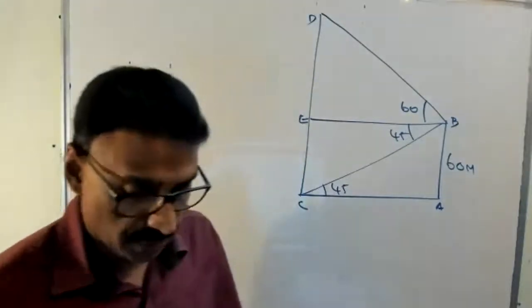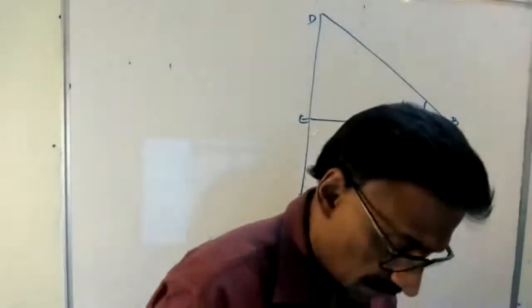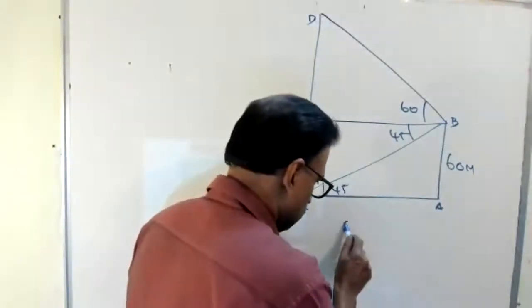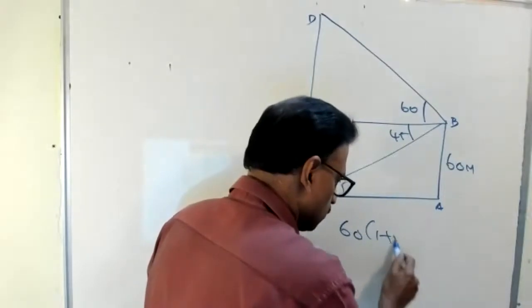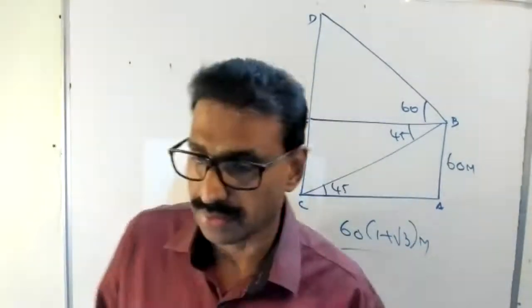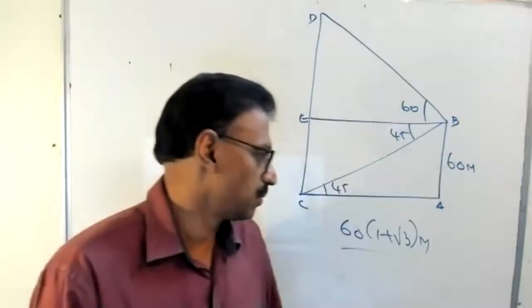Find the height of the opposite house. The height of the opposite house is 60 into 1 plus root 3 meter. You have to get like this only.